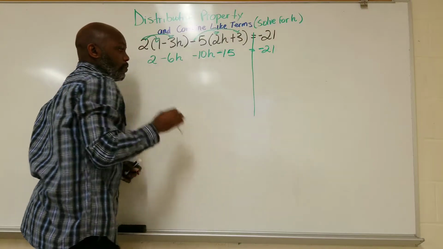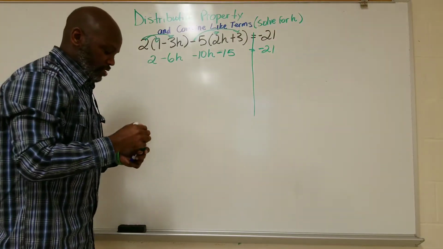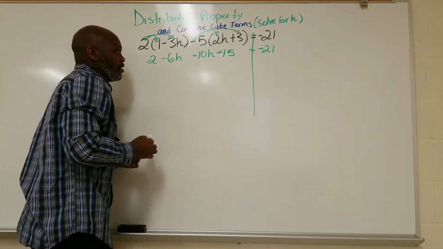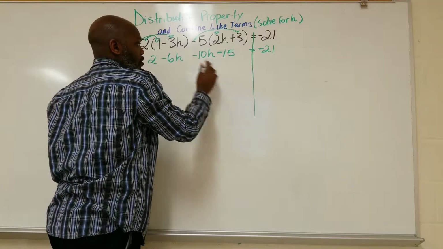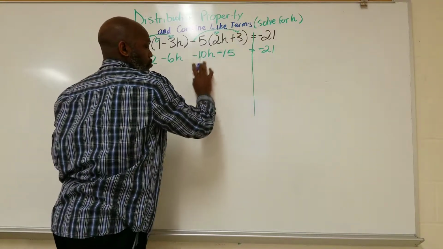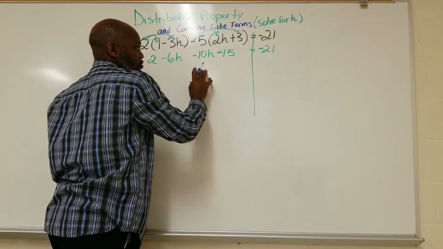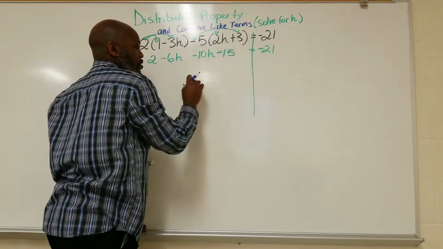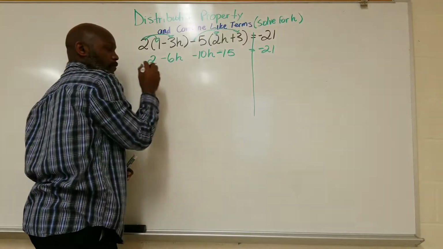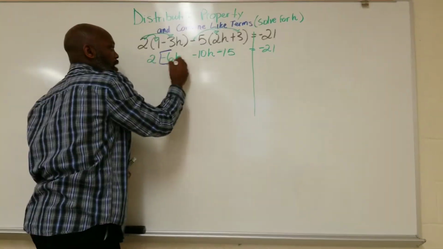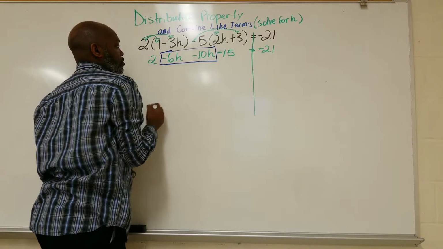Some of my students would call that the mirror, okay? But we're just showing you a line there because whatever we do to the left side as far as trying to get the variable by itself, we have to do to the other side. But before that, we have to combine like terms.